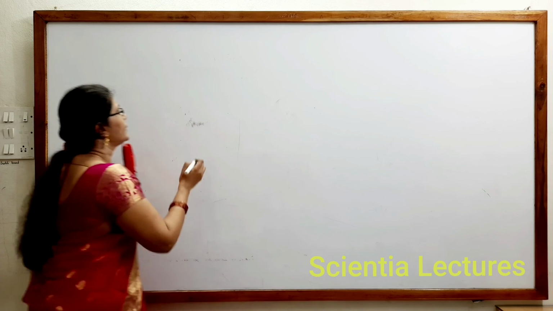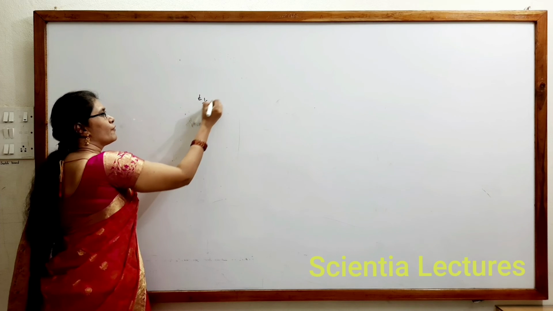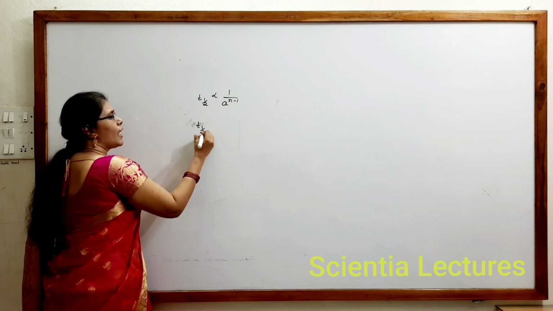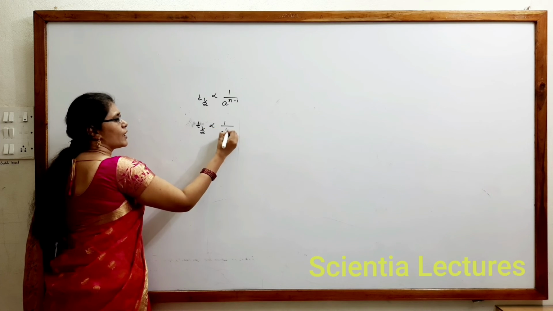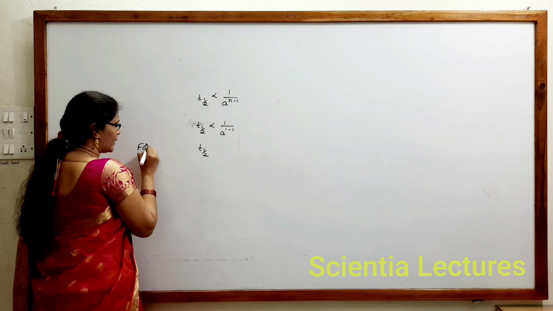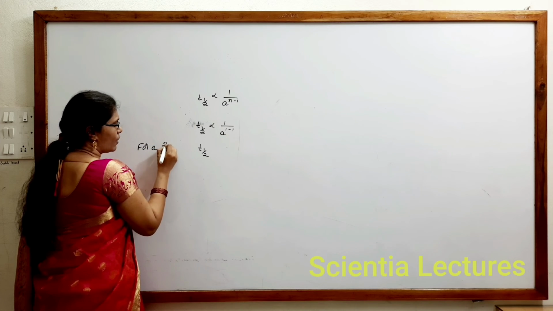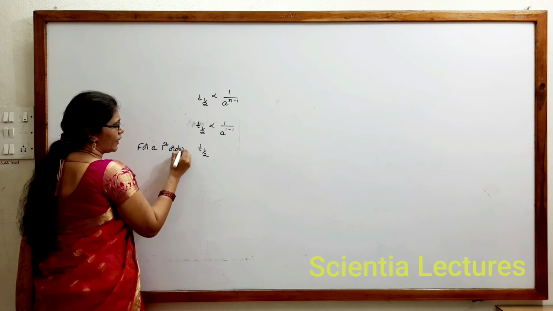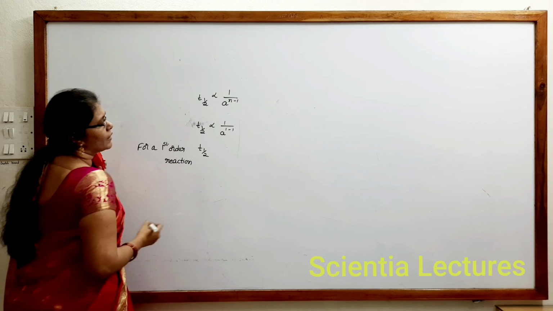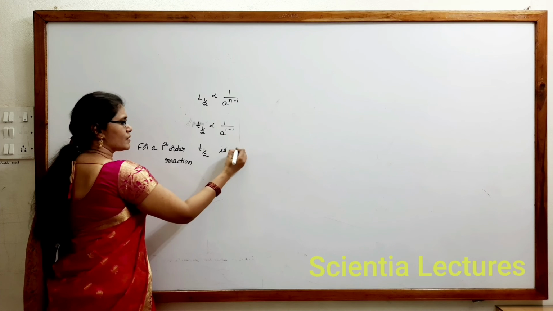If you apply T half proportional to 1 by A power n minus 1 from module 2, for a first order reaction it is 1 minus 1. Remember always, for a first order reaction, T half is constant.